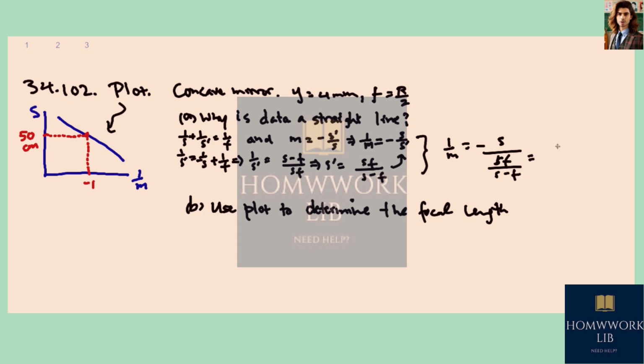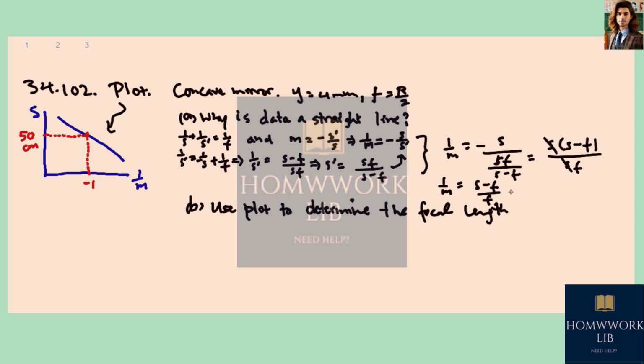And that gives me s, so I can bring this to the numerator divided by sf, and I can cancel out this common factor of s, so then I have 1 over m is equal to s minus f divided by f.